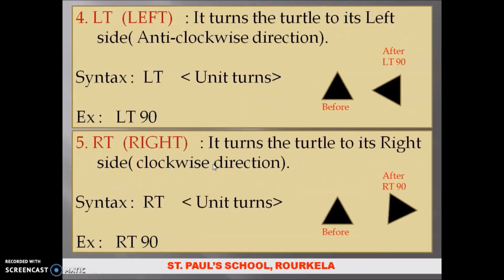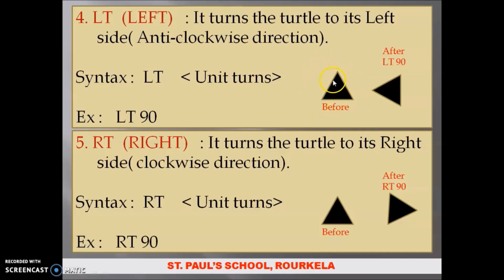Then the next command is LT. LT means left turn. It turns the turtle to its left side, that means in the anti-clockwise direction. Now this is the turtle, and this is its starting position.